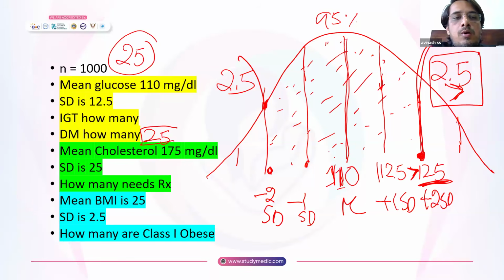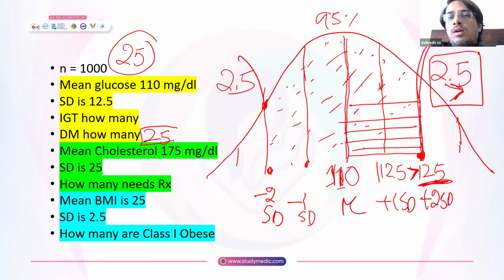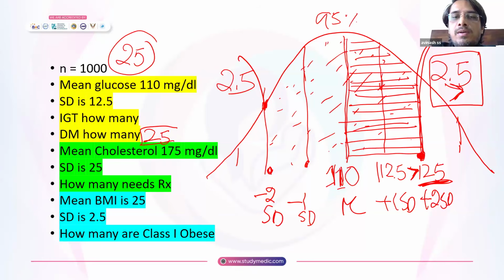Another question is, how many of them can be impaired glucose tolerance? By WHO method, we know that whoever is having values between 110 to 125 can be classified as pre-diabetic, that is, suffering from impaired glucose tolerance. So you can see 95% is having the data set between mean plus or minus 2 standard deviation. This is the half of it.